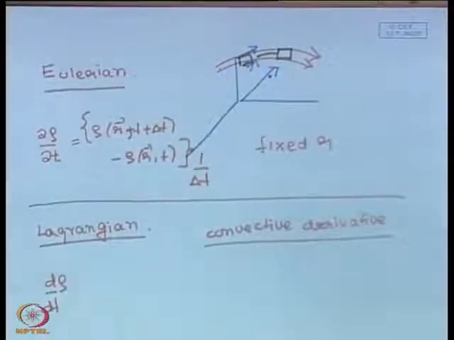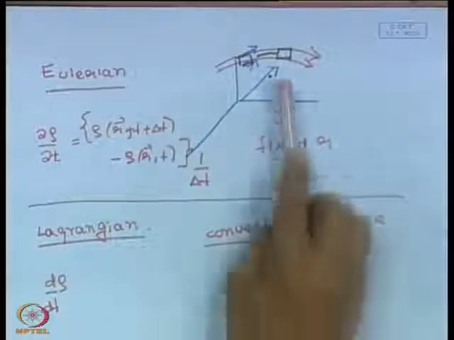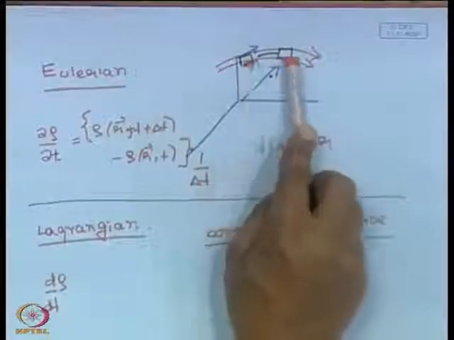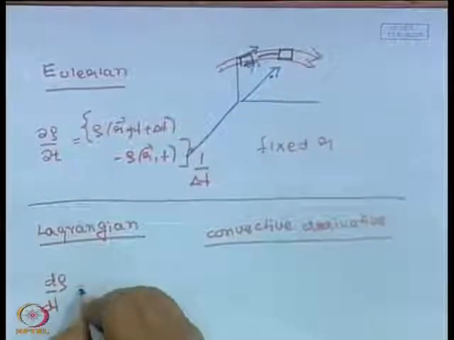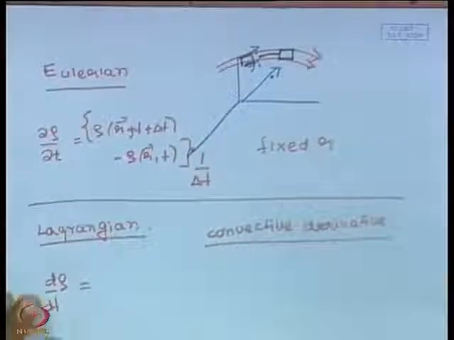I move with the fluid and then ask the question. Okay. So, I follow one piece of the fluid as it flows from here to here and ask how does its density change. Okay. And there will be a change here due to two reasons.